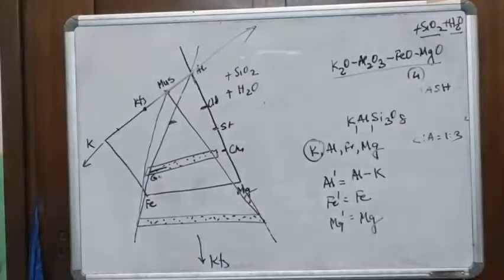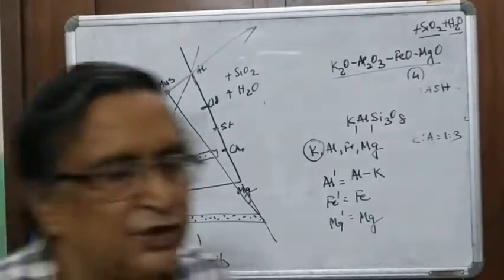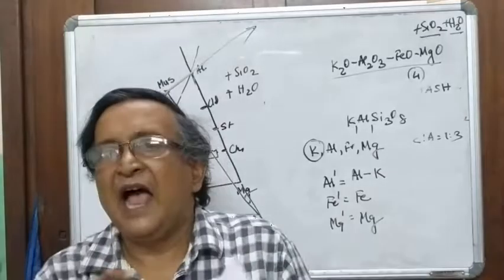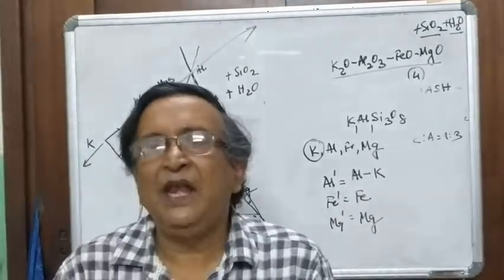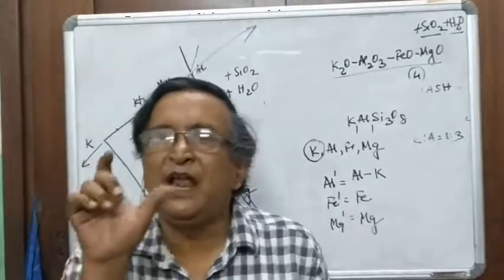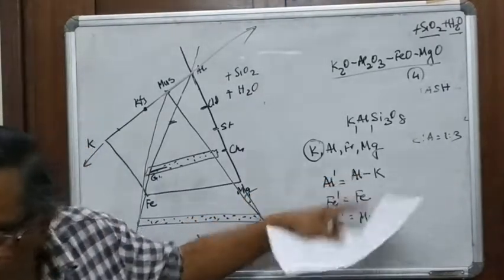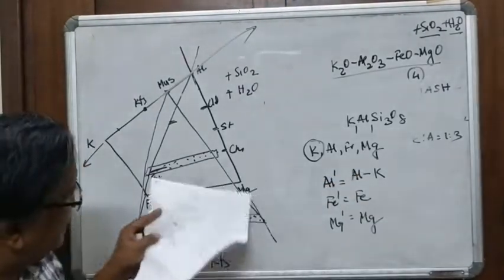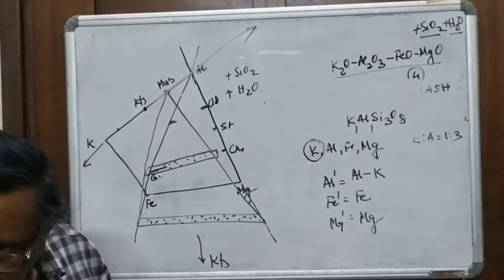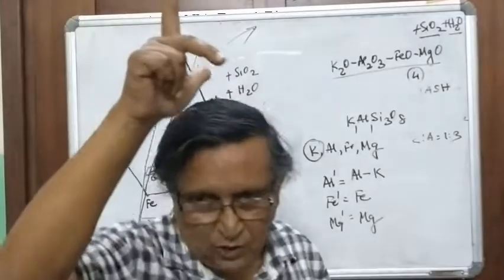Now you can do it for ACF, AKF, it's all the same. You have to know the compositions of the minerals you want to project, and the source and the projection scheme. So you will have plotting positions and you will have plotting coordinates. So the same mineral will plot differently in the composition space if you change the plotting coordinates.